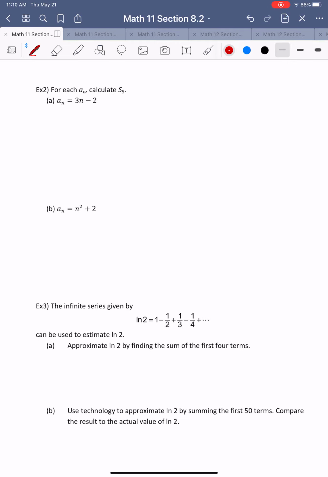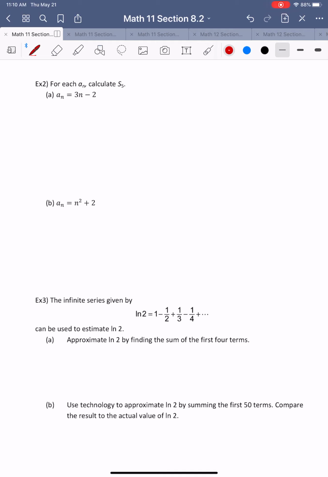Alright, let's look at example 2. Let's calculate the first five terms in each sequence. First of all, we have to find the first term, which is 1. Second term is 4. Third term is 7. Fourth term is 10.